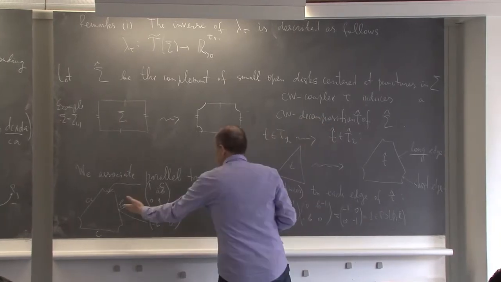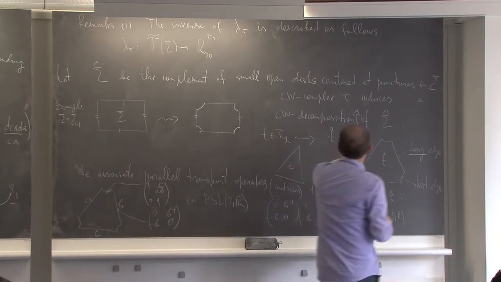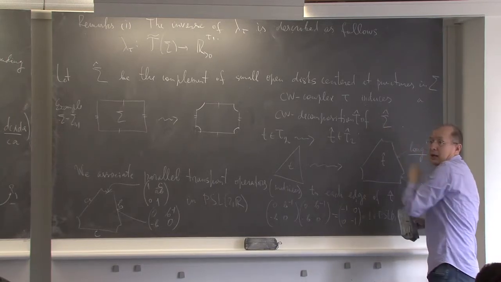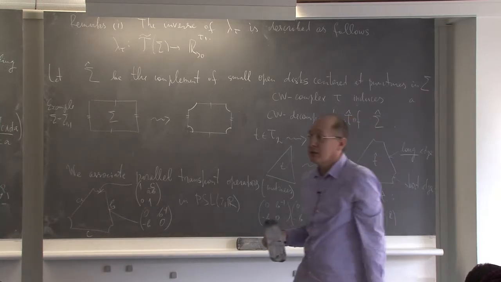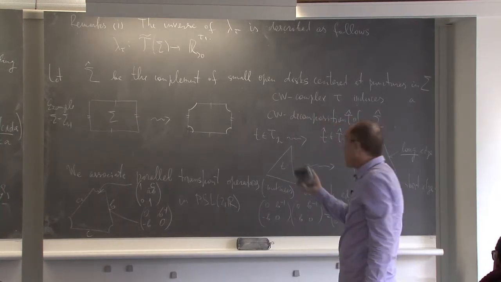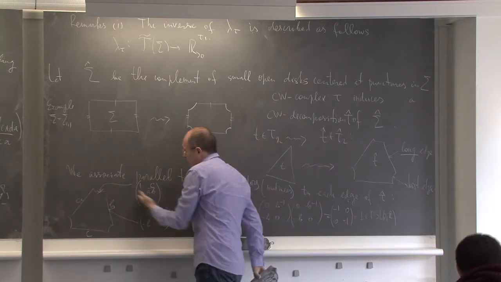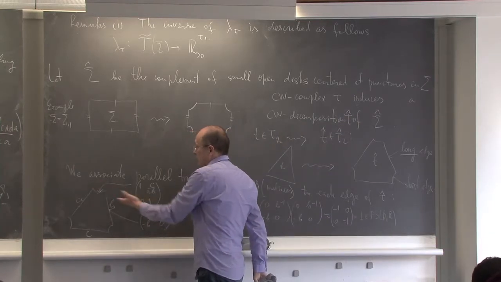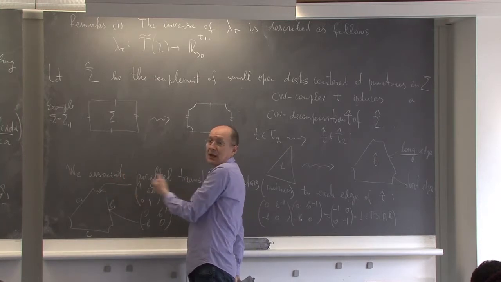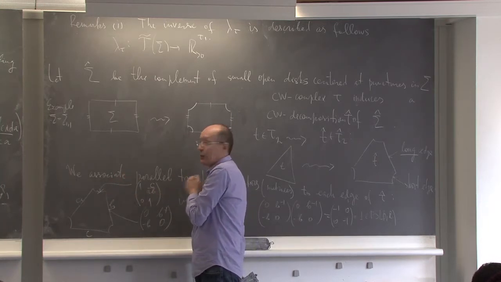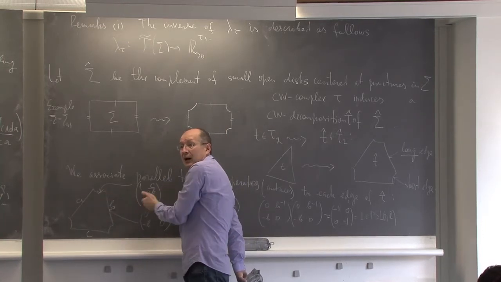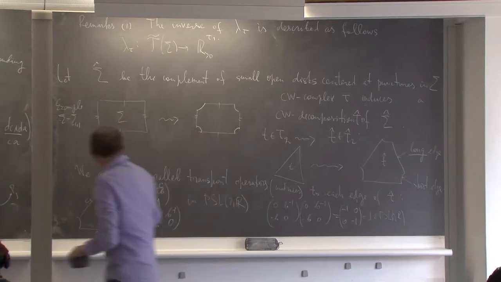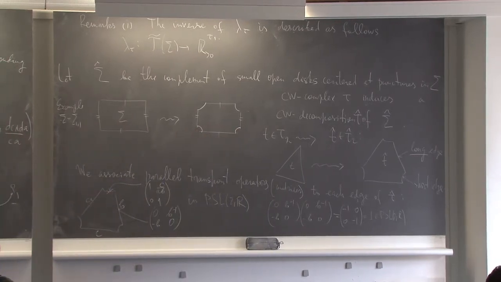And this is a cellular decomposition of sigma hat. And so its 2-skeleton describes the fundamental group. And so here we describe the matrices we associate to the 1-skeleton. And the only thing we have to make sure is that the relations which are associated with the 2-cells are satisfied. And this choice exactly makes sure that the relations are satisfied.